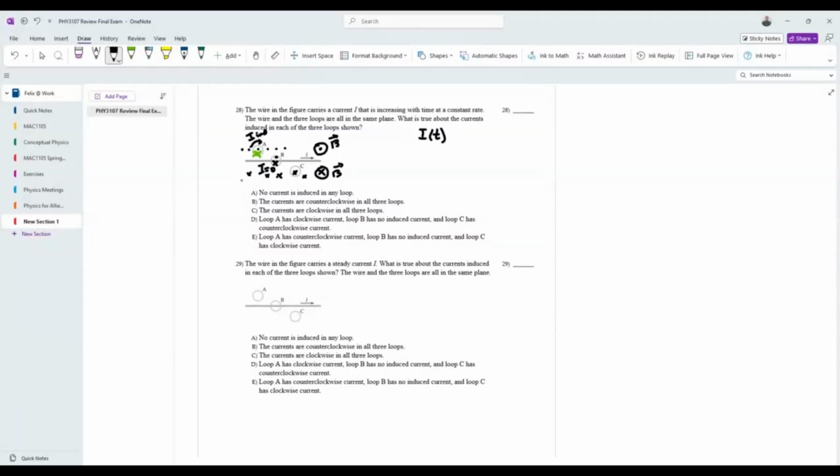So the current that will be induced needs to counteract that, so it needs to be opposite in direction to that field. The new field will be like this, inside here. The only way that field will be leaving the plane inside the ring is, when you wrap your fingers around the loop, if the current points counterclockwise, just like this.